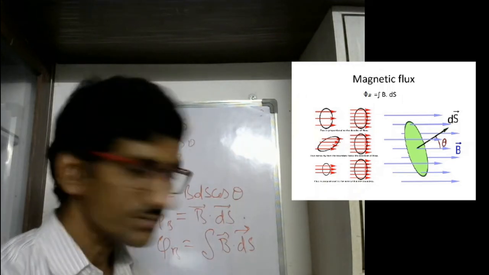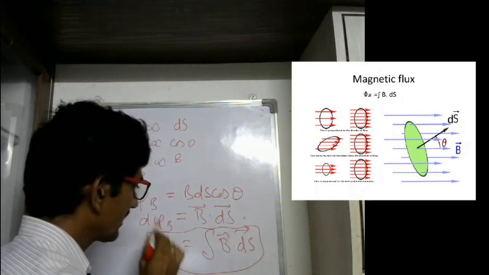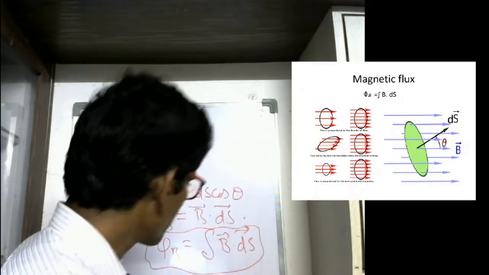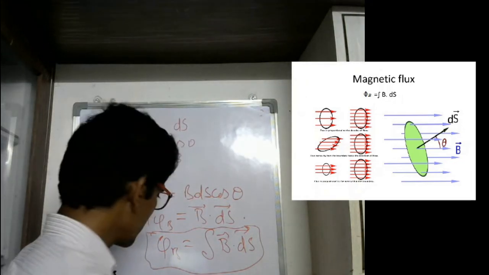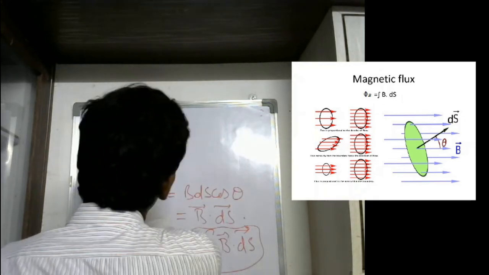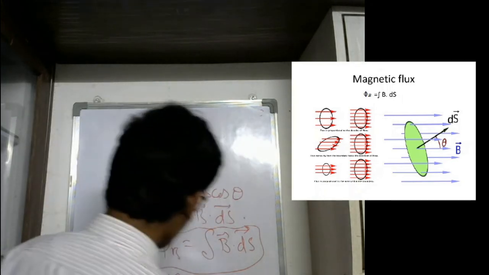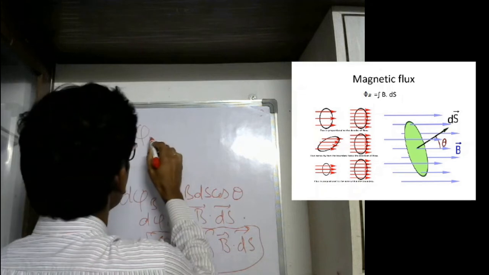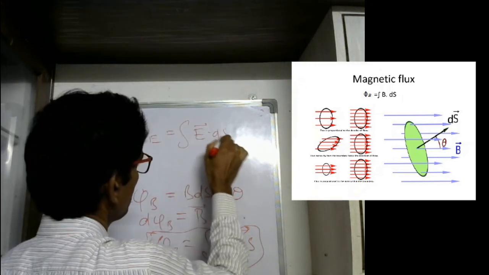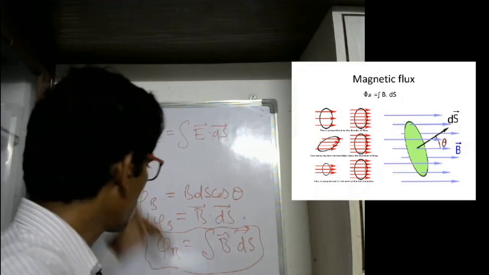So the magnetic flux and magnetic field are related by this equation. Similarly, electric flux phi E is given by integral E dot ds. Electric flux is given by integral E dot ds. These are the similarities.